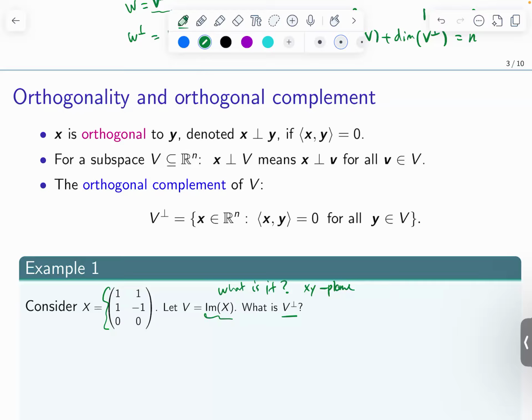Is V perp equivalent to the kernel of X? What do you think, guys?